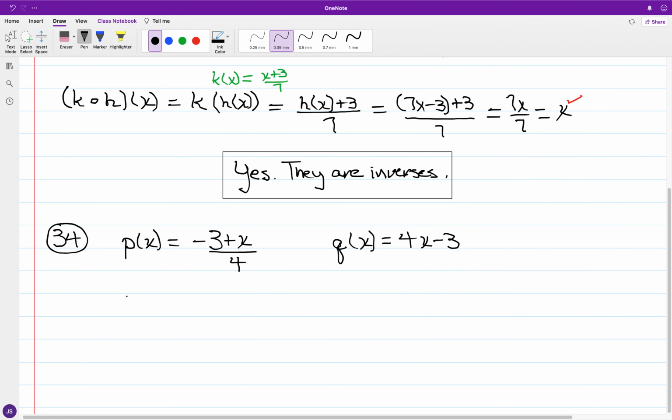Looking at composing them together, you could either do q composed with p of x or p composed with q of x.